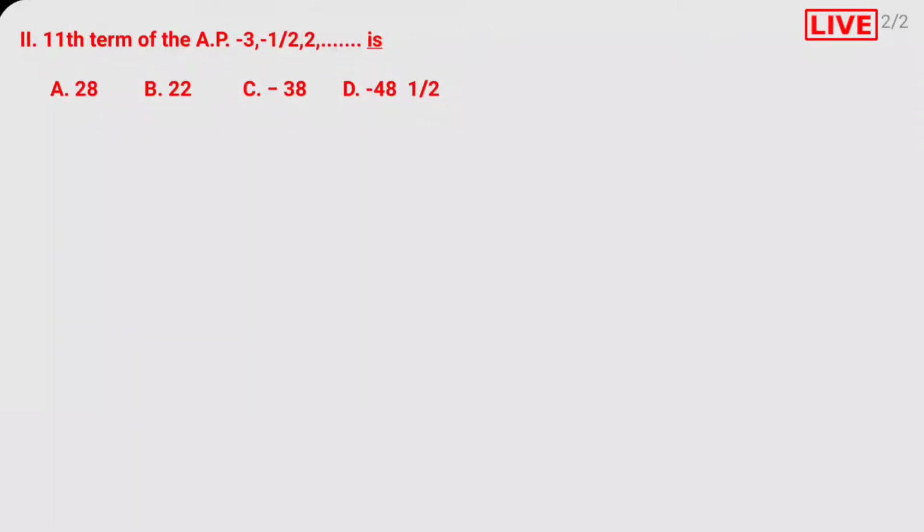The 11th term of the AP minus 3, minus 1 by 2, 2 and so on is: So here we want to find the 11th term of the AP, and the given options are A is 28, B is 22 and C is minus 38 and D is minus 48 and 1 by 2. So here the correct option is B, 22. So let me solve here.